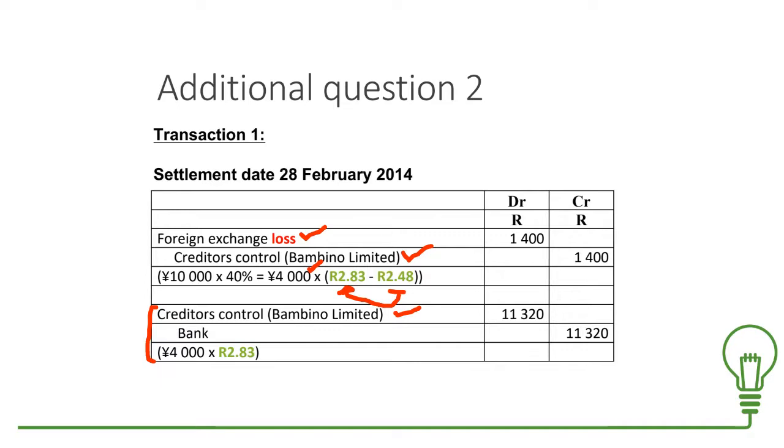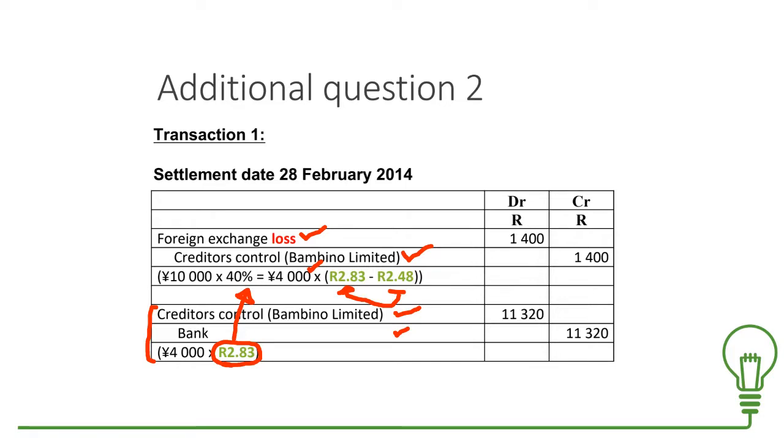We also credit bank because bank is getting smaller, money is leaving. And we use the spot rate on settlement date, the rate at which we revalued that 4,000. In the journal entry above, we revalued the 4,000. In the journal entry below, we're eliminating it. We're paying it.